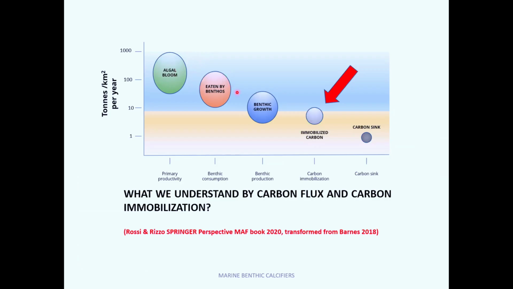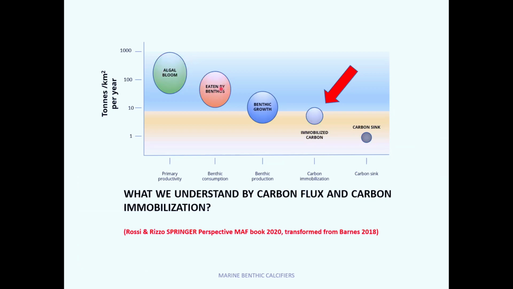This is eaten by benthos, both directly or indirectly. Maybe the phytoplankton is eaten directly by filter feeders, or maybe it's the zooplankton or the detritus or the bacteria that are produced, but basically all of it comes from this primary productivity.